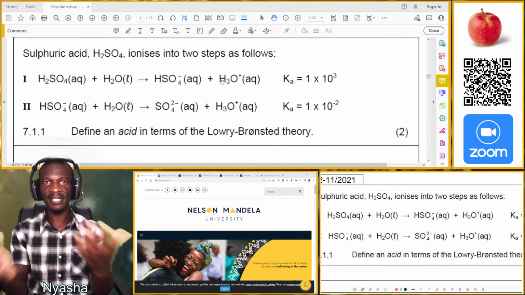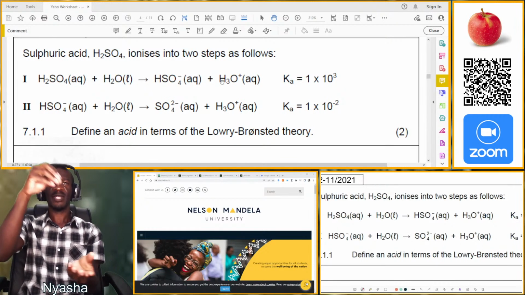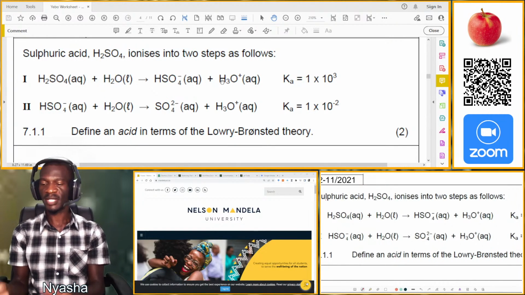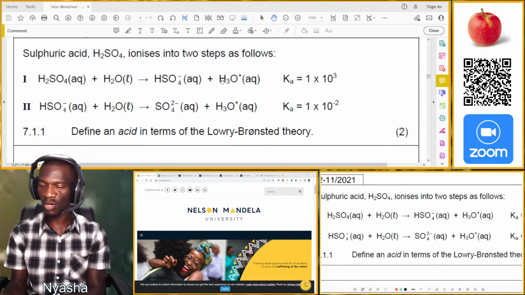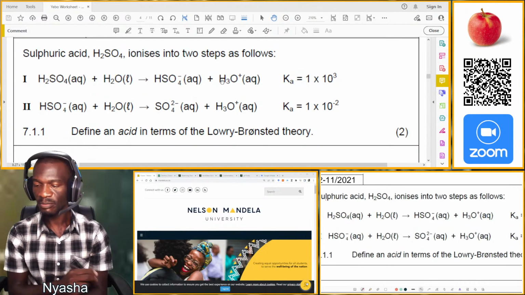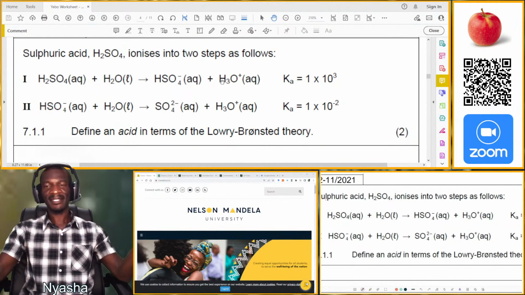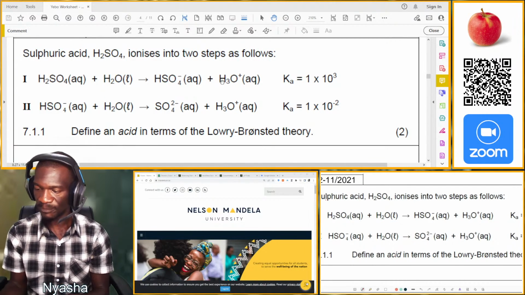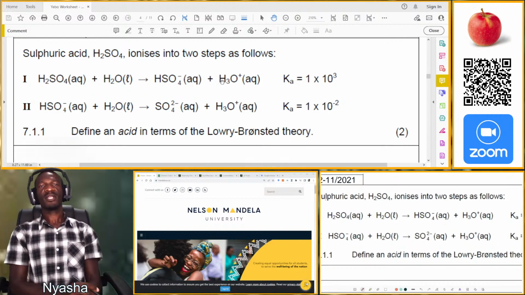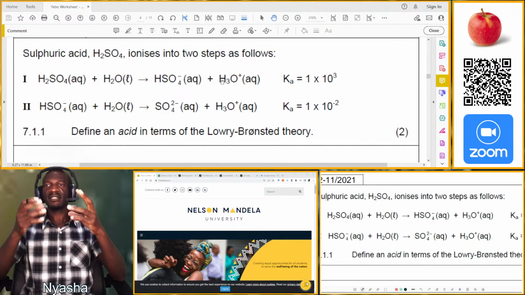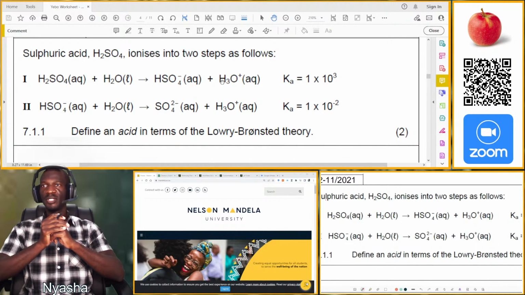When we are trying to have it ionize, obviously we are putting it into water, isn't it? So we put it into water so that it can dissociate. It ionizes into HSO4 minus plus the hydronium ion. So that is the way sulfuric acid dissociates in solution.